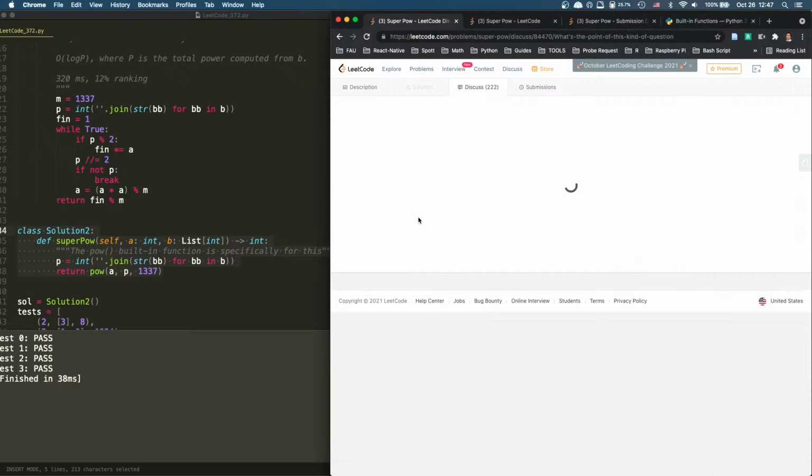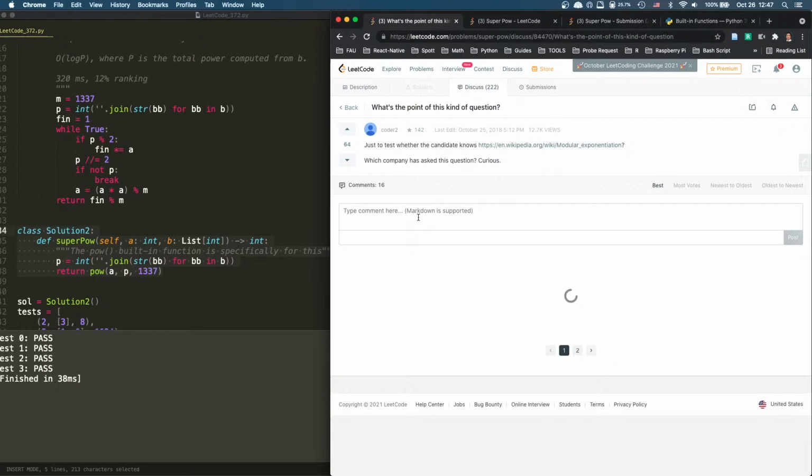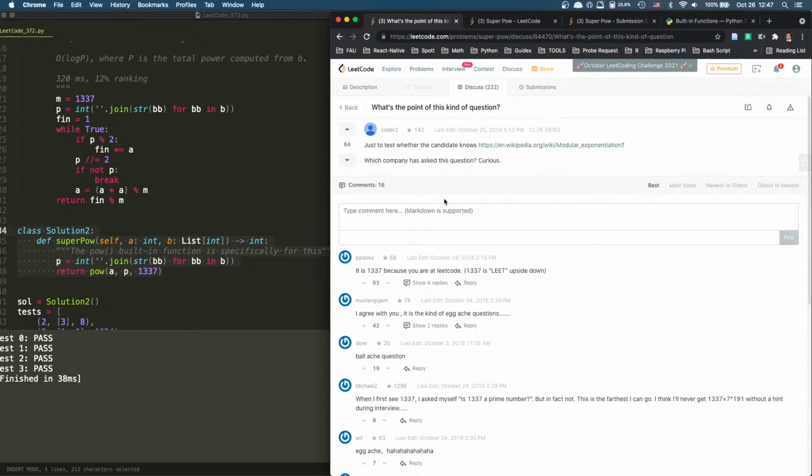What's the point of this kind of problem? Modulo exponent. 1337 is leet upside down. What? Oh my goodness.